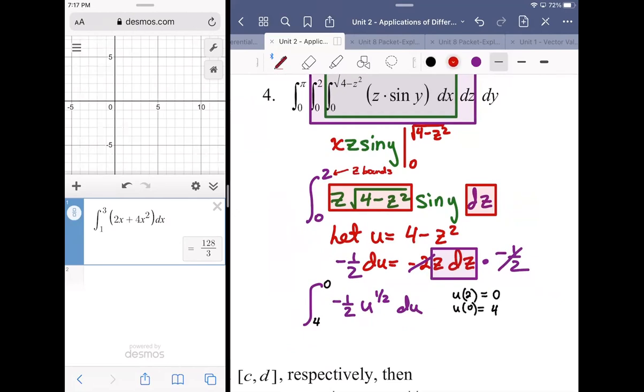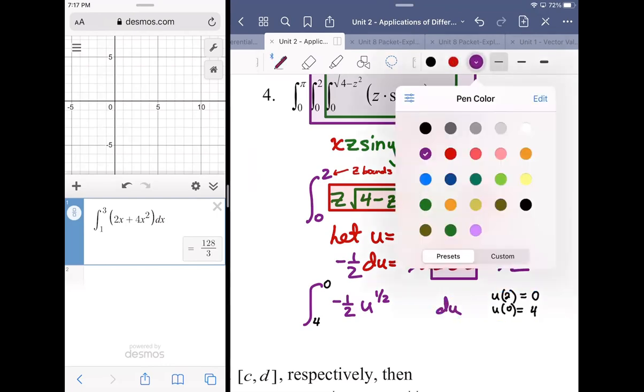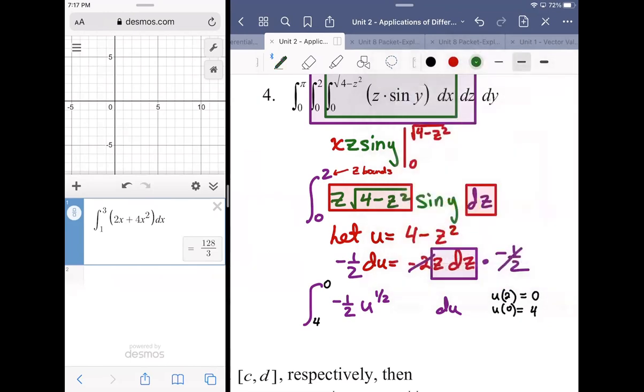All right, so increase the exponent by 1. Oh, lost my sine. The sine's still got to be there. You can't just ditch it. The sine of y.